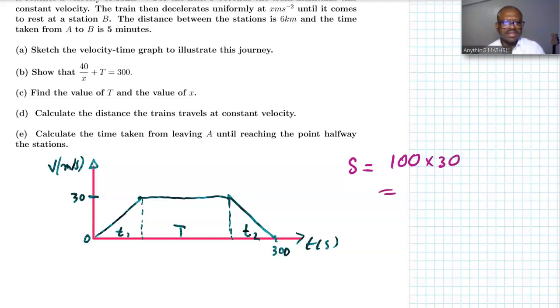So basically it is 3,000 meters or 3 kilometers. Okay, it says calculate the time taken from leaving A until reaching the point halfway between the stations.